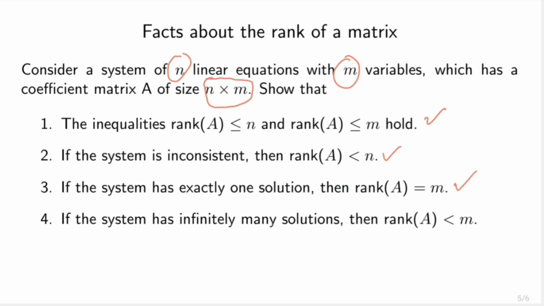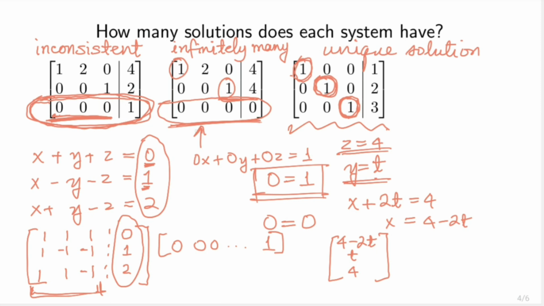The fourth one says if the system has infinitely many solutions, then the rank of A is less than n. So let's look at our example where we had infinitely many solutions. That was this one. In this case, the rank of A must be less than the number of columns. Yes, again, this springs from the fact that we're going to have a free variable. When you have infinitely many solutions, you need to have at least one free variable.